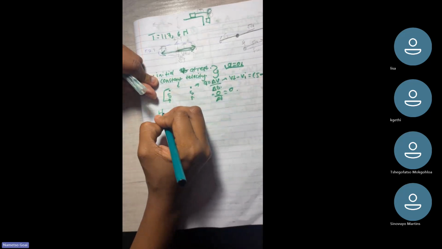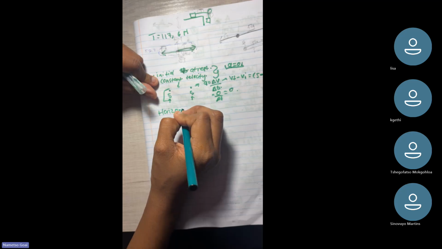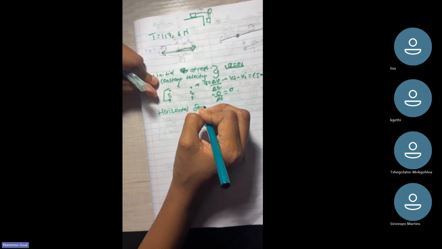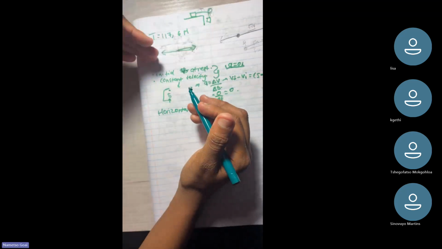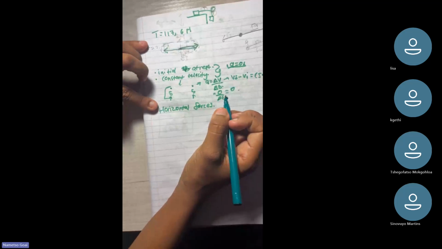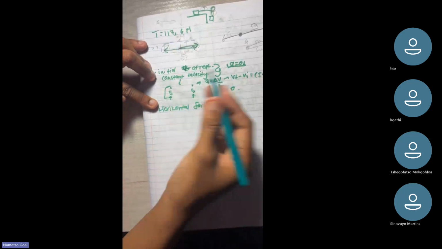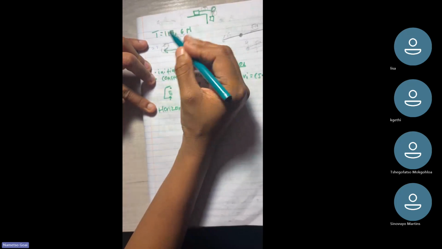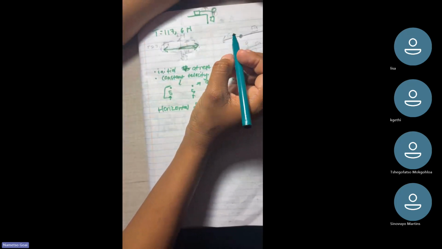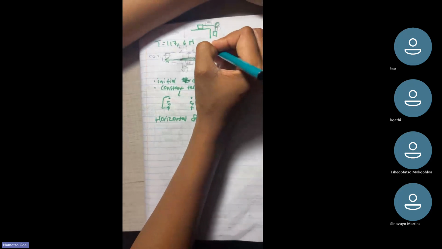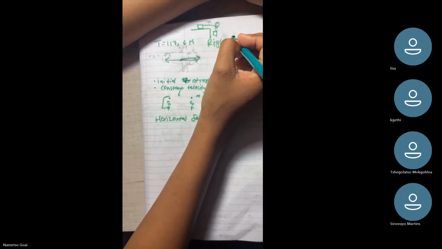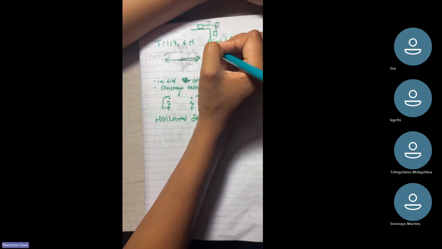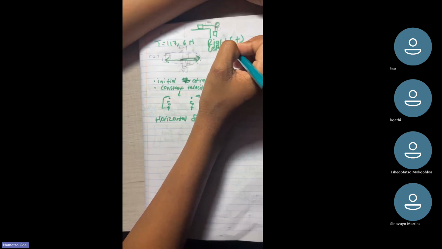So now we take our horizontal forces, the forces acting along the x-axis. We need to choose one direction as positive and the other as negative. In this case, I'm going to take right as positive and left as negative.